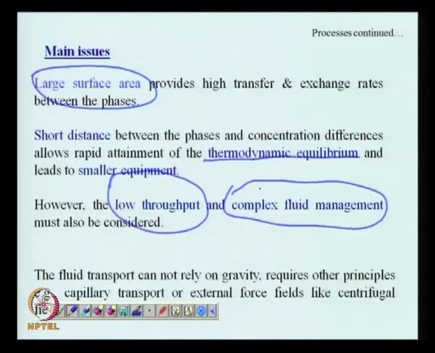So, low throughput, complex fluid management systems, prevention of leakage, and the additional forces necessary for the fluids to flow and come in contact with each other are the bottlenecks that are still there, and there has been increasing effort to overcome these difficulties so that this becomes more common.